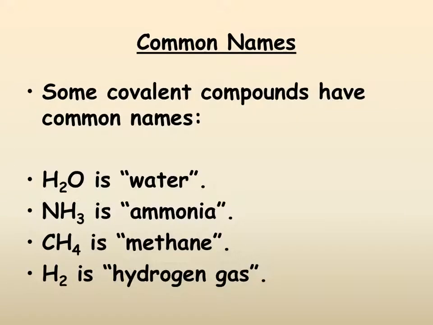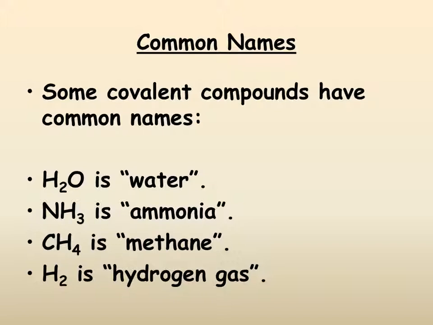Sometimes you will run into things that have common names. The naming with the prefixes and everything, that is the standard, no matter what language you're speaking, that's how we name it. Whereas common names can change based on the language. So H2O, or dihydrogen monoxide, we call water.